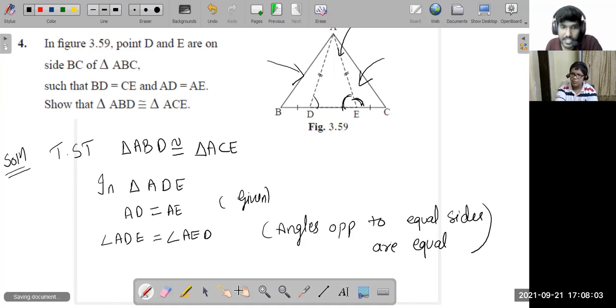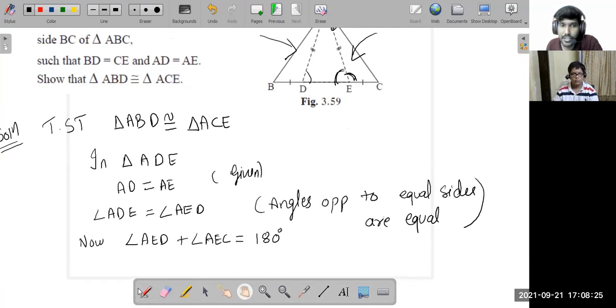Linear pair. Okay, linear pair. So angle AED plus angle AEC will be equal to 180 degrees. Angles in linear pair. Similarly, angle ADB and angle ADE also form a linear pair.